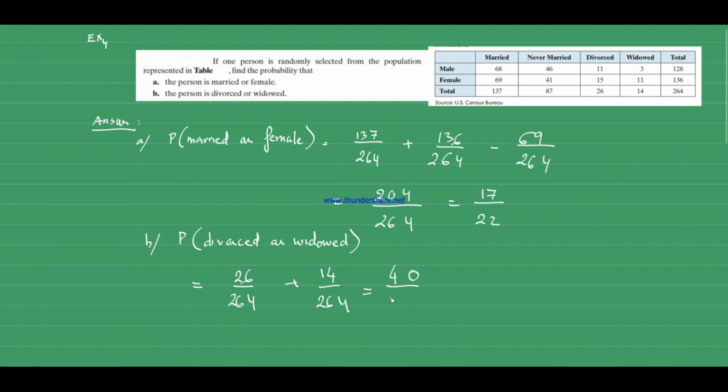So you're going to have 40 over 264, right? Divide by 264. So you simplify this, it gives you 5 over 33. Okay, good.